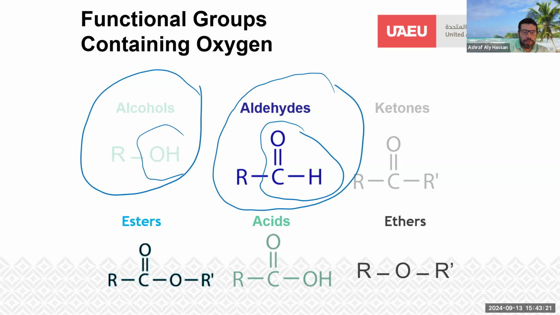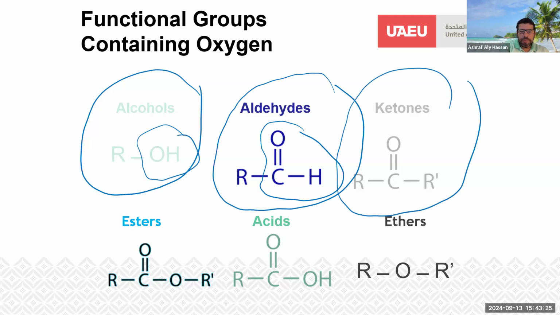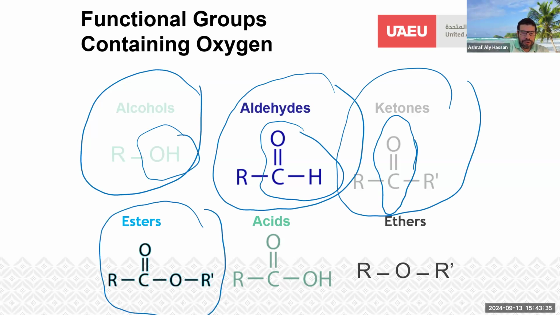This is the alcohol part. Ketones, which is R and then R dash, but in the middle you will have CO. You have esters, which is R and R dash, but in the middle, you will have CO and then O.